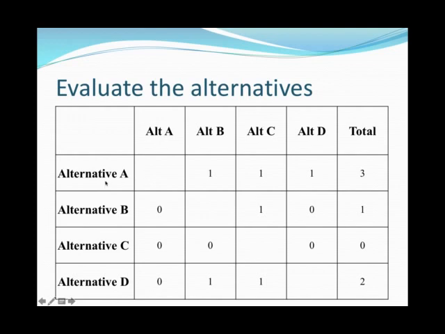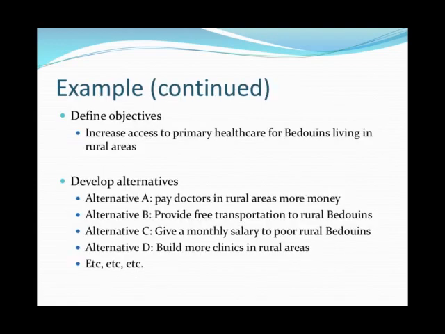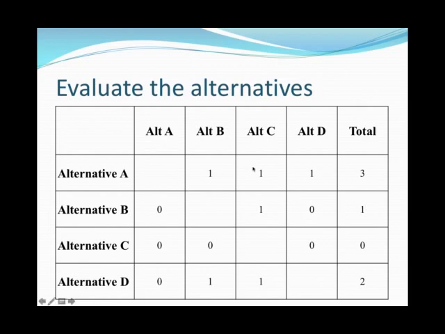If we compare A, paying doctors more money to work in these areas, versus giving a monthly salary to poor rural Bedouins, A, in my opinion, is better than C. And the same thing as we compare A to alternative D, A, in my opinion, is better than D. We just keep working our way down the whole way.